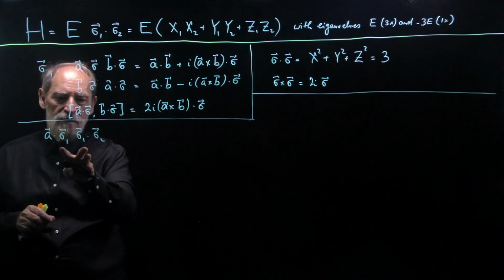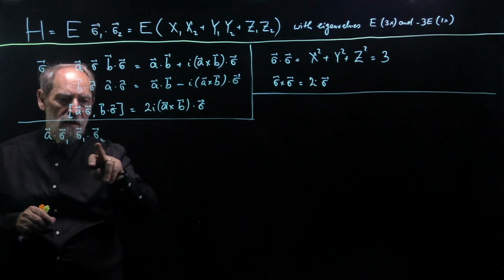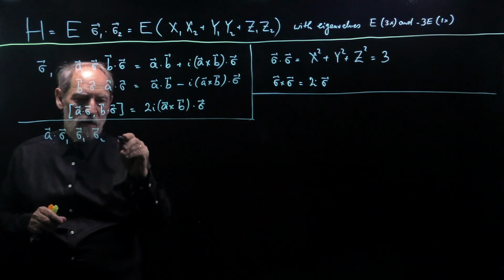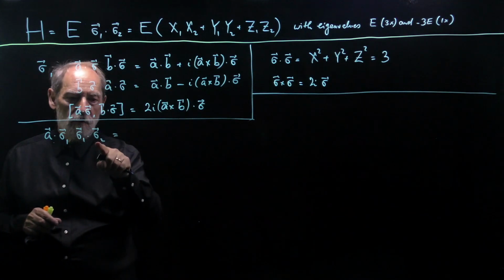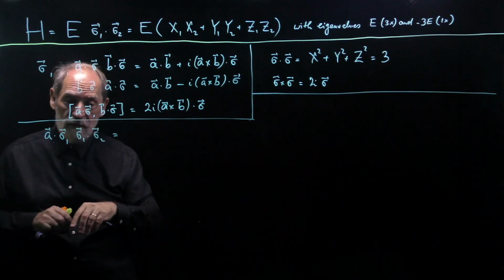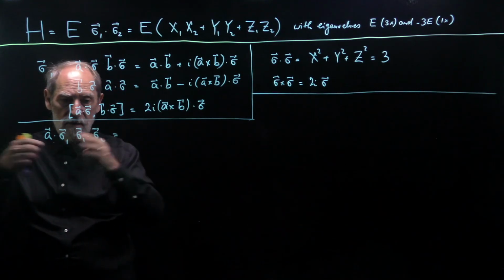So as far as the sigma 1 vector is concerned, which is for the first qubit, this is similar to a b. It's like a number. Okay, so it commutes, the components of sigma 2 commute with the components of sigma 1. They don't talk to each other. They are referring to different things, qubit 1 and qubit 2.